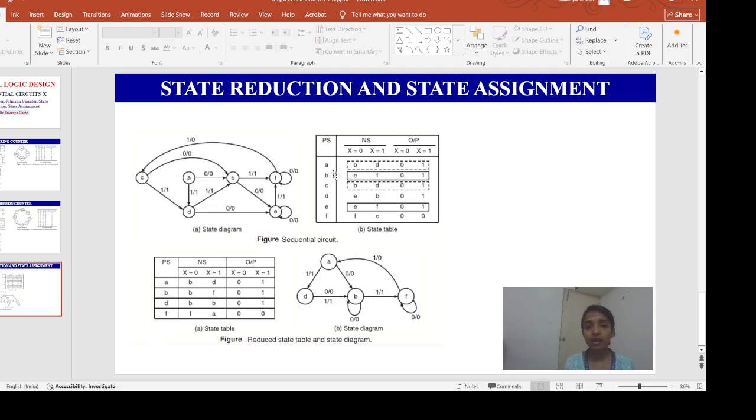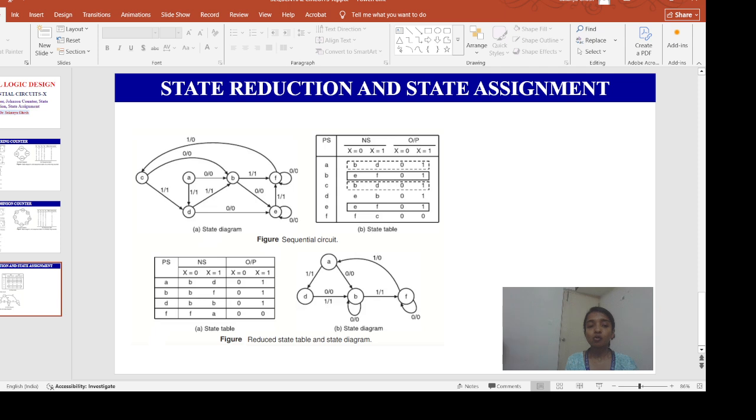Suppose for A and C, these input and output combinations are the same, so we can just keep one state. 2 states are redundant, right? After this, we can see no more reduction is possible. So this is my final state table, and this is my final state diagram.